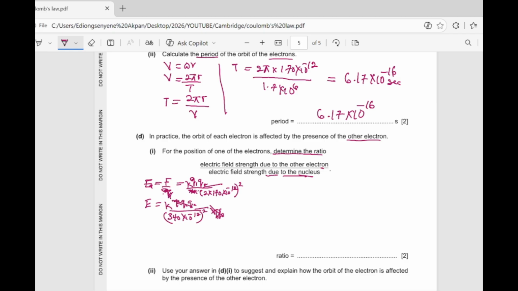Now we go for the second one, being the one due to the nucleus. Due to the nucleus, we will have Q1 Q2. Remember, the nucleus has 2 protons, divided by, we put k here, 170 times 10 raised to the power of minus 12, all squared.